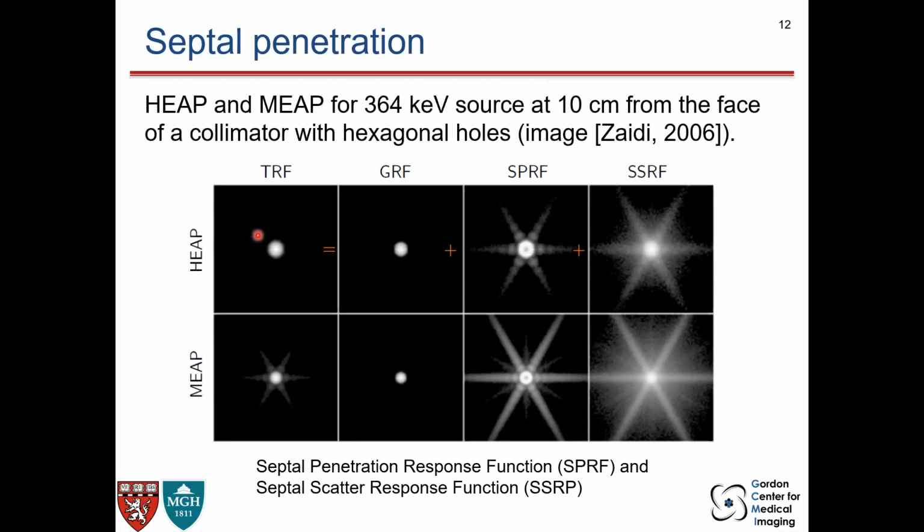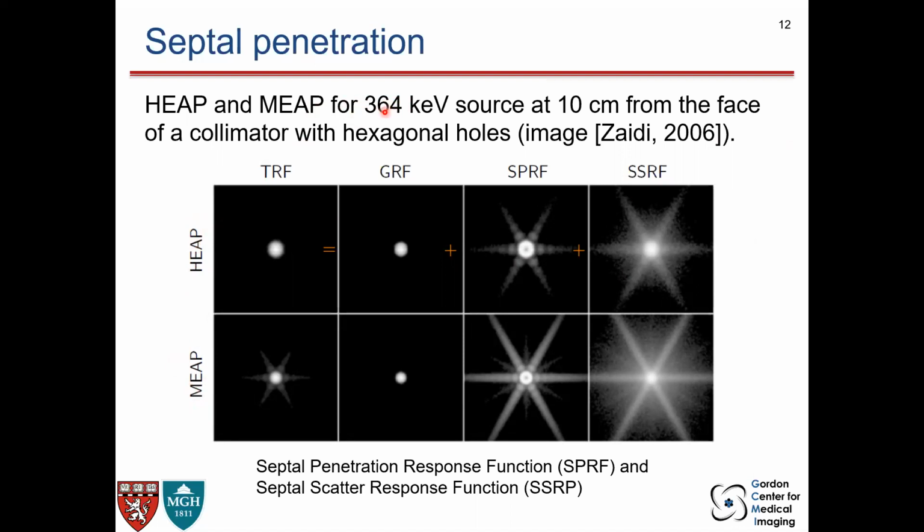So HEAP means high energy all-purpose collimator. MEAP means medium energy all-purpose collimator. So high energy collimators are designed for much higher gamma ray energies, for different applications.